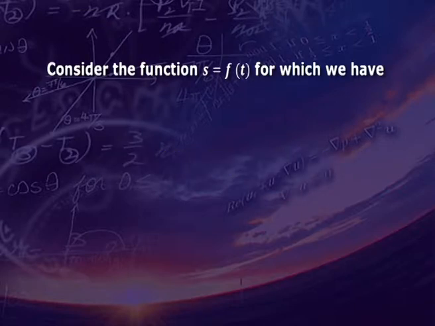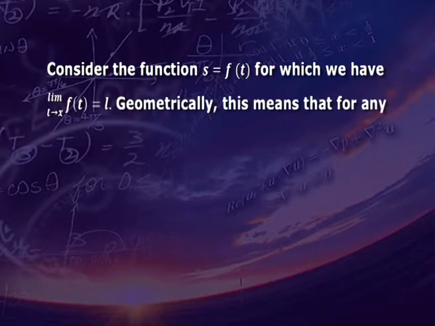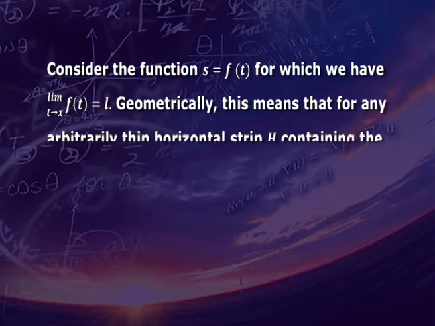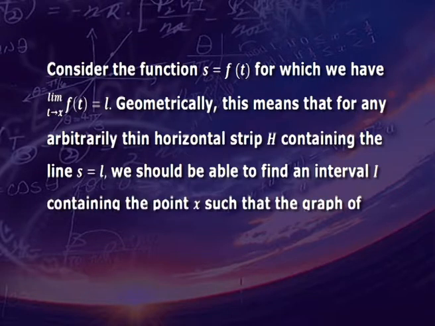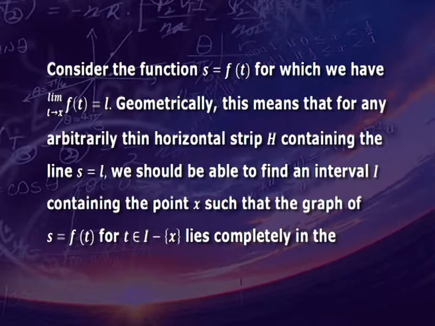Consider the function s equal to f of t, for which we have limit of f t as t goes to x equal to L. Geometrically, this means that for any arbitrarily thin horizontal strip h containing the line s equal to L, we should be able to find an interval I containing the point x such that the graph of s equal to f of t for t belongs to I minus singleton x lies completely in the horizontal strip h.